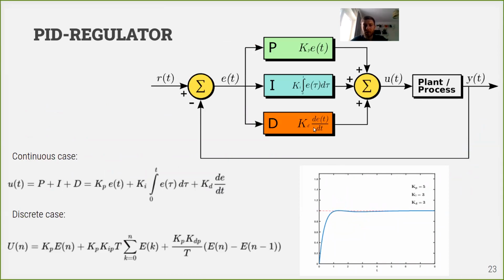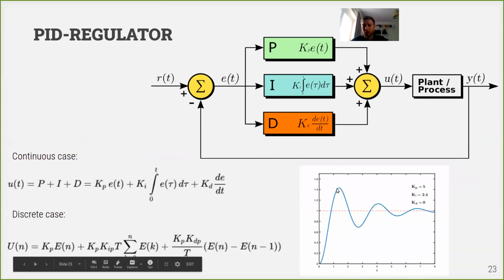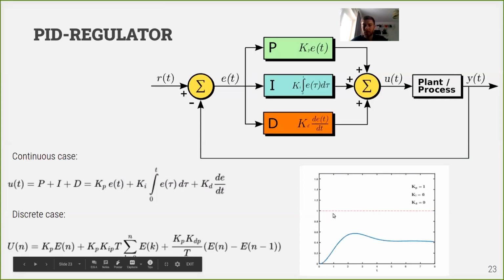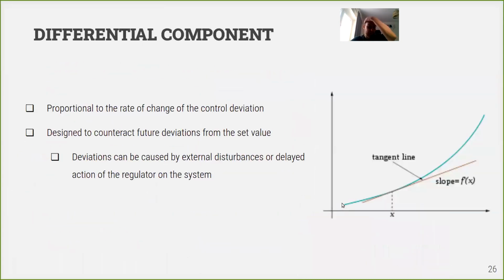So this component is kind of looking into the future and trying to prevent too quick changes in the system. And this is something which allows us to fight this overshooting usually, because with quick changes, we have big overshooting, and you can see that by increasing the derivative, it just prevents us from changing the signal really quickly.